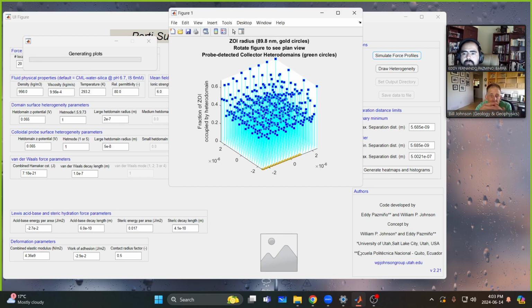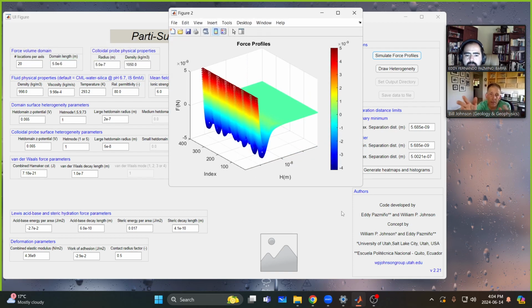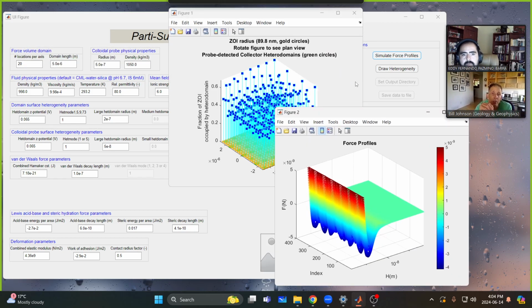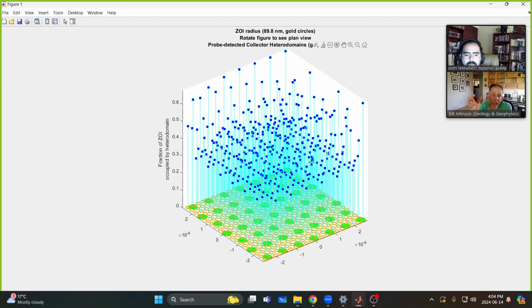And Cesar-Ron set this up so that the model accounts for that, so that you have both constructive interactions, as we call them, where the heterodomain and the surface are oppositely charged, whether you're talking about the colloid or the domain, but they can also be like charged and add to repulsion.